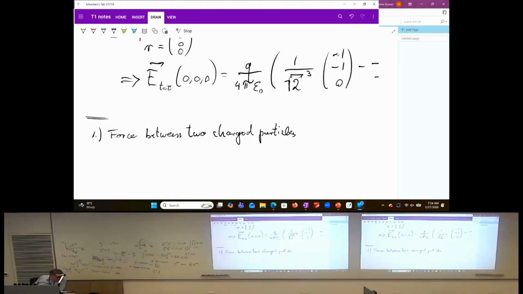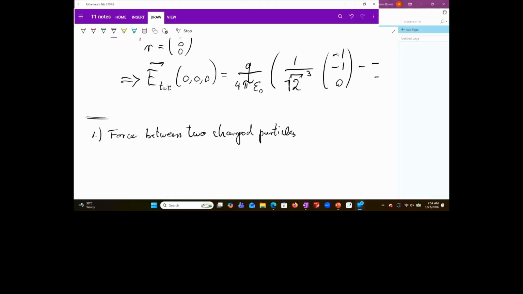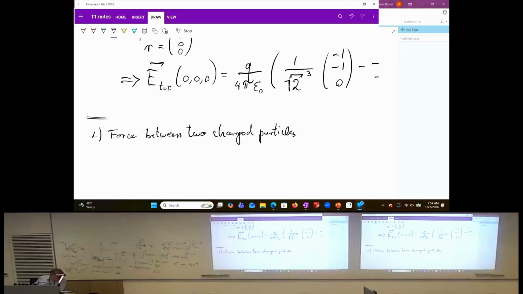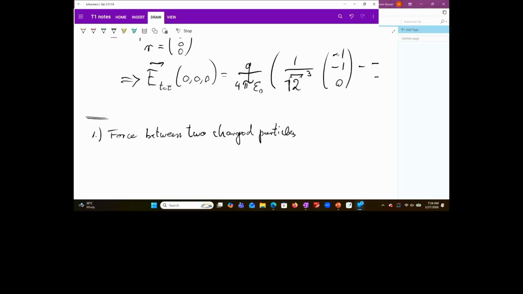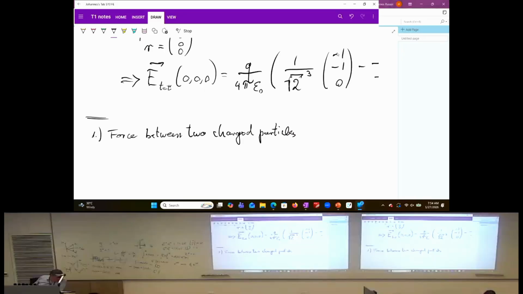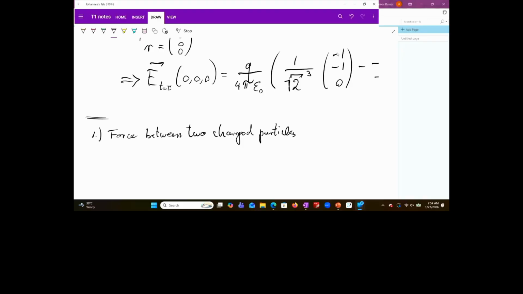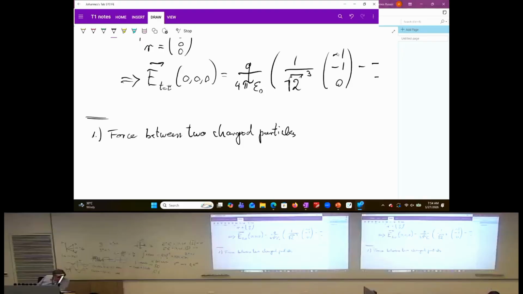That's a naught, and it's 0.529 times 10 to the minus 10 meters. Now the task is to calculate the magnitude of the electrostatic force between those two charges. So you only need to get the magnitude. There's no direction asked for. Please use the following constants.